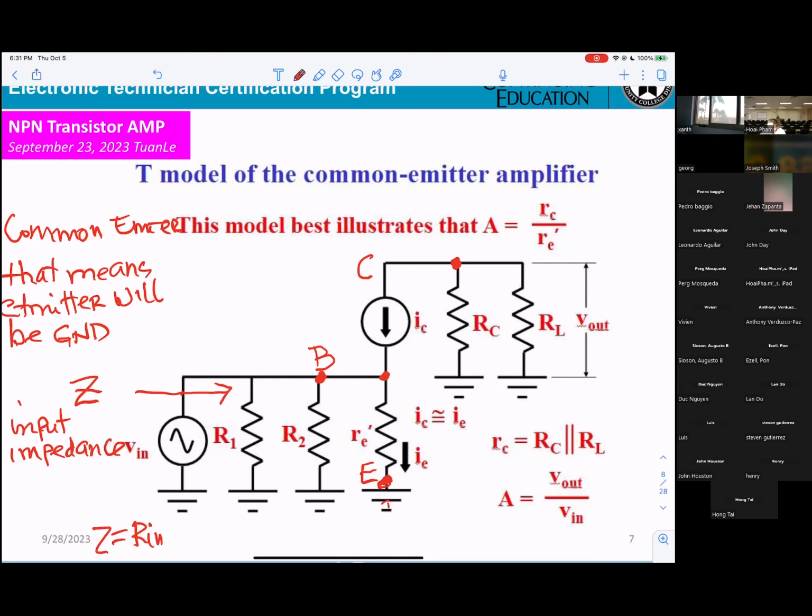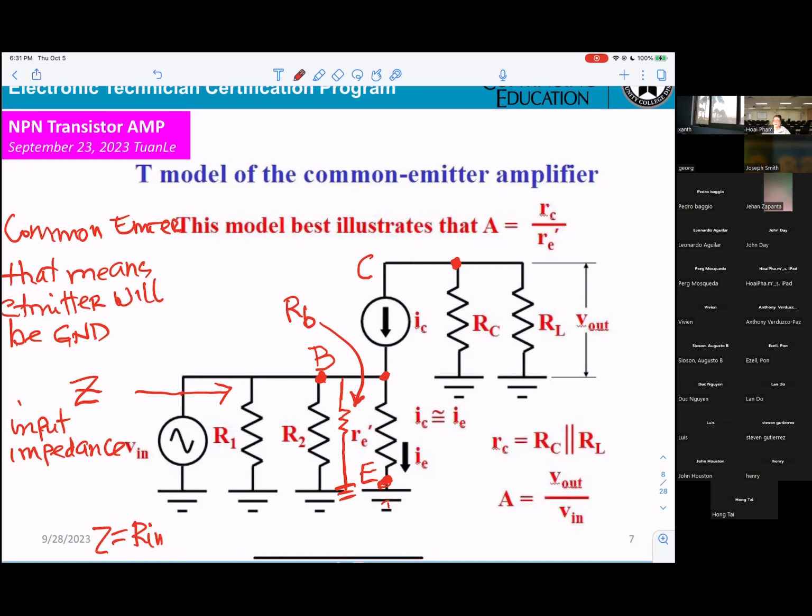And also you can see from the base to the emitter, you get one resistance, R1 to RL mesh. This resistance they call RB.